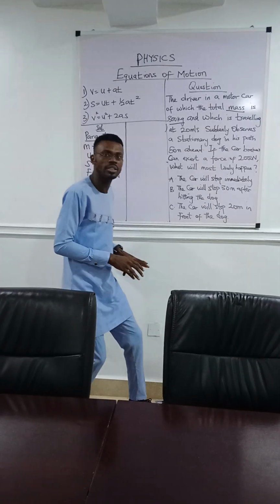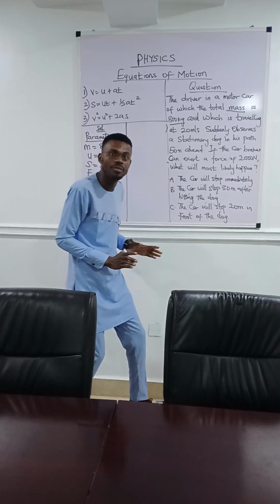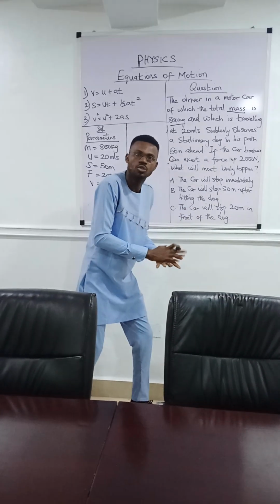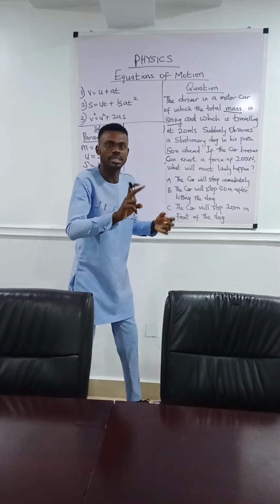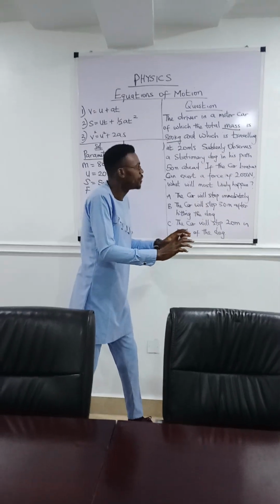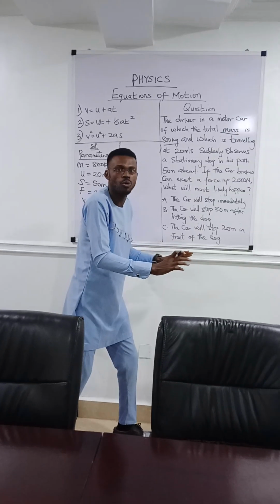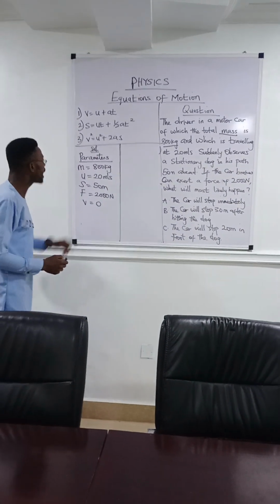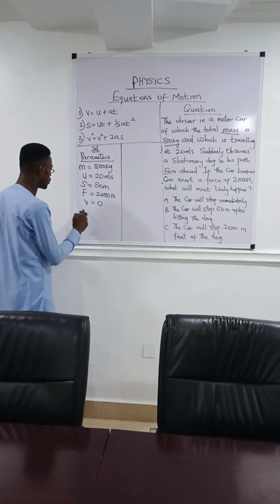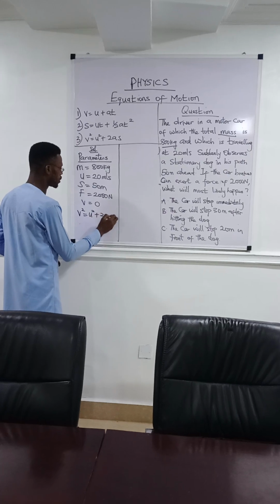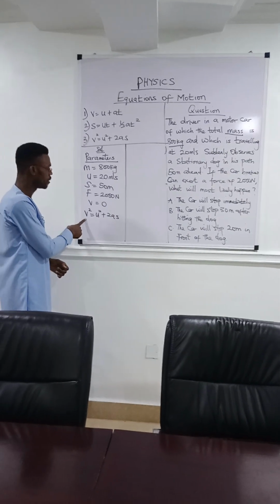Because if you apply your brake, the vehicle does not stop automatically. It will travel some little distance before coming to rest finally. That's what we're going to look for: the distance it will take the vehicle to come to a stop once the brake force is applied. So how do we get the distance? We use the third equation, v squared equals u squared plus 2as, where v is 0.